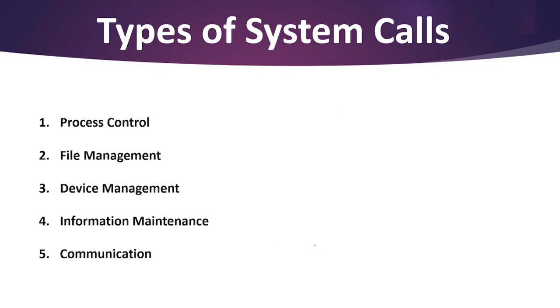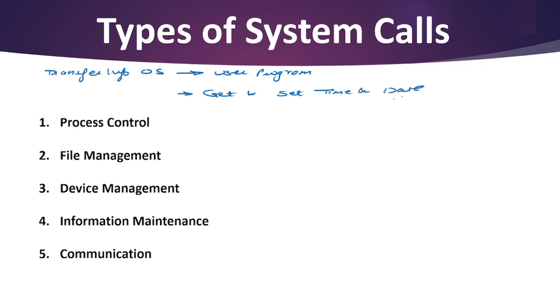Next point is information maintenance. It handles information and also transfers the information between the operating system and the user program. Main functions of this include get and set time and date. Next is get process and device attributes.